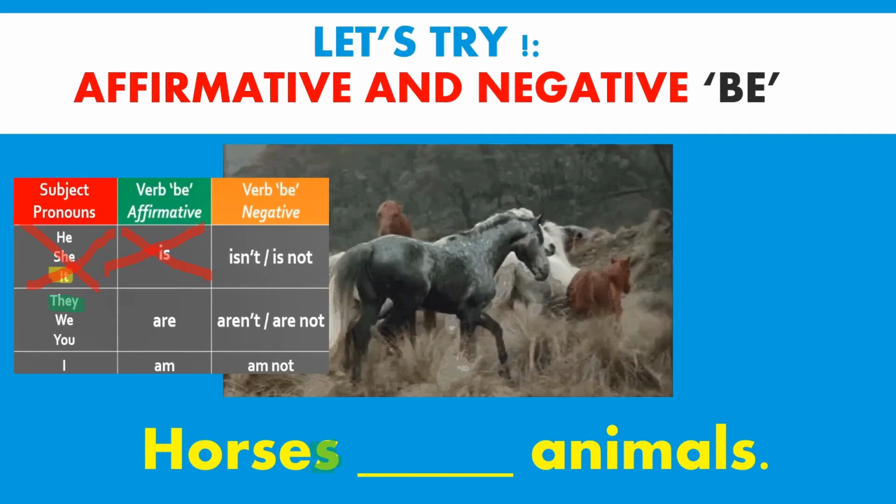So the only one you can use here is they are, or they aren't, or they are not. Okay, look at the sentence again. Horses, animals. Are horses animals? Yes, horses are animals. So the answer should be horses are animals.